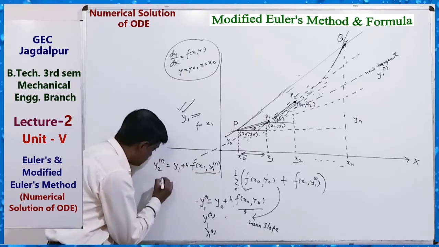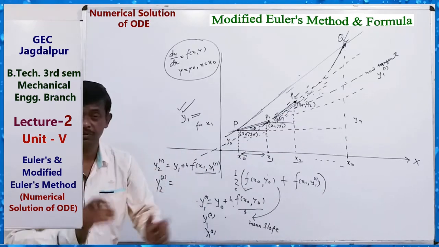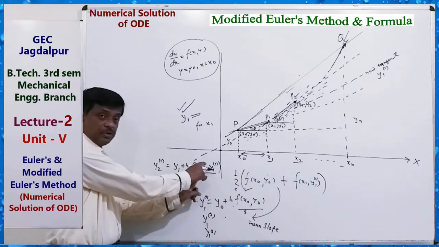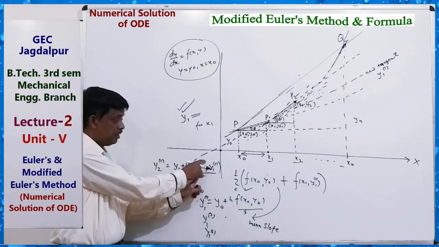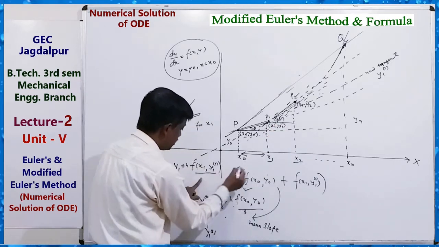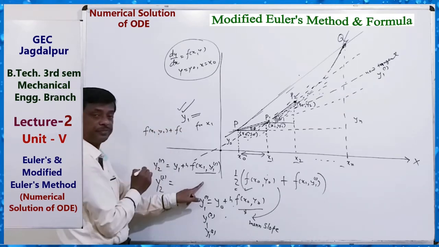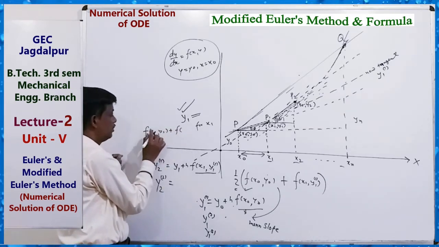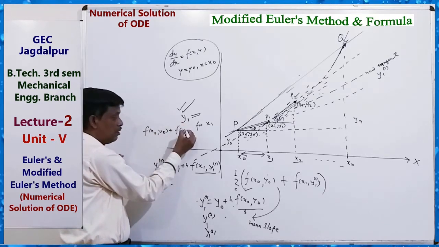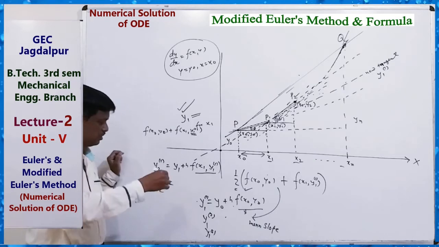Now for the second approximation of y2 here, just take the average of the previous slope, and here the previous slope is this what? f(x1, y1) plus f(x1, y1(1)). This is just taking the previous value.